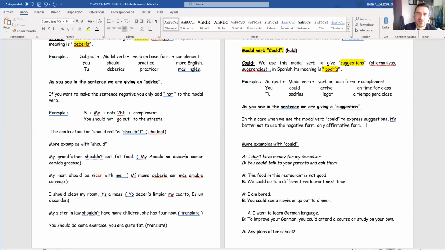Entonces, si son sugerencias, es mejor siempre usar las oraciones afirmativas cuando usemos could. Solo para sugerencias; después van a ver el could para posibilidades, otro tipo de cosas, ¿listo? But in this case, suggestions, alternatives, only the affirmative statements, okay?